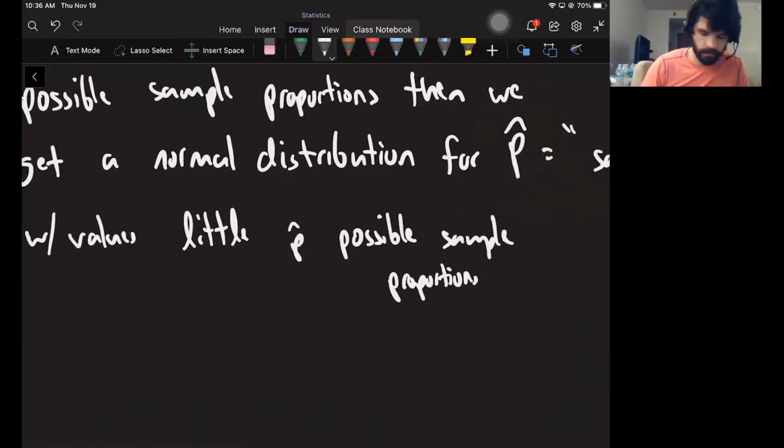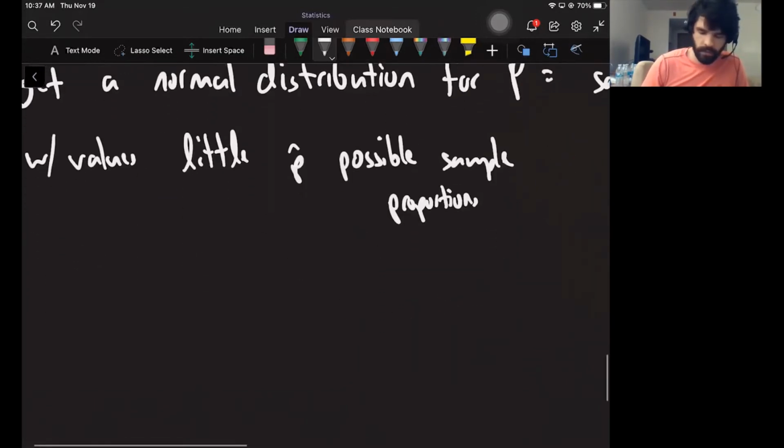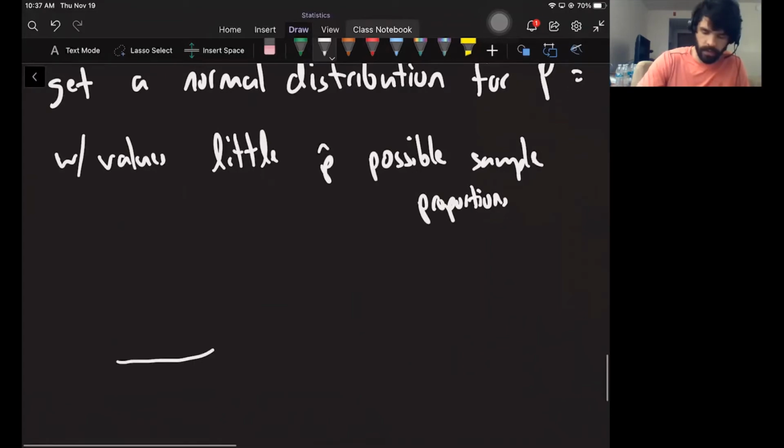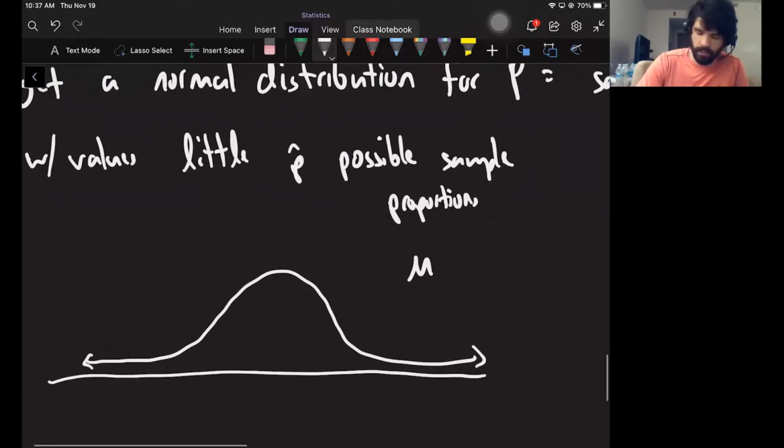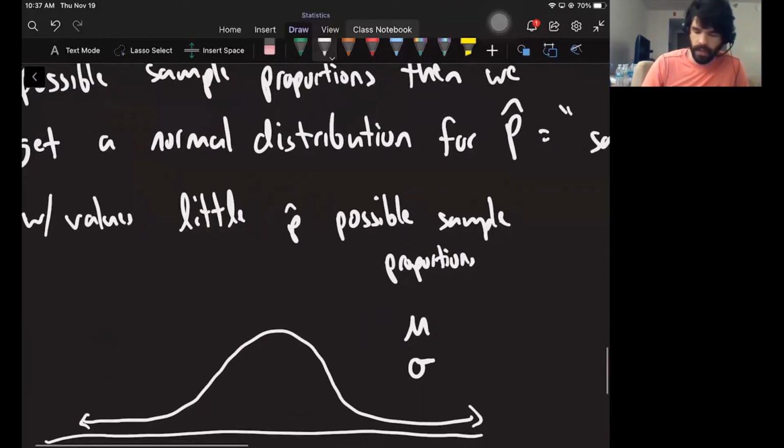And so what is the normal distribution going to turn out to be? Well, I'm just going to have to give it to you, because actually figuring it out takes some very fancy math. But because it's a normal distribution, it has a mean and a standard deviation for sample proportions.